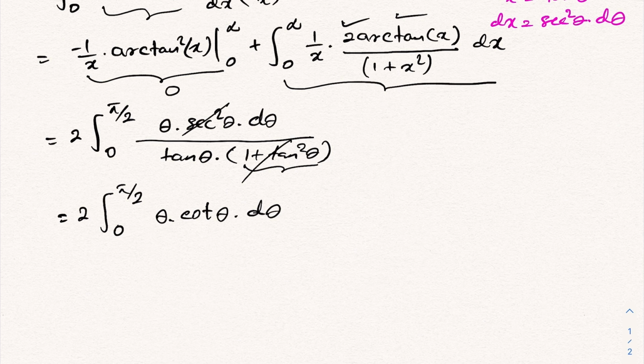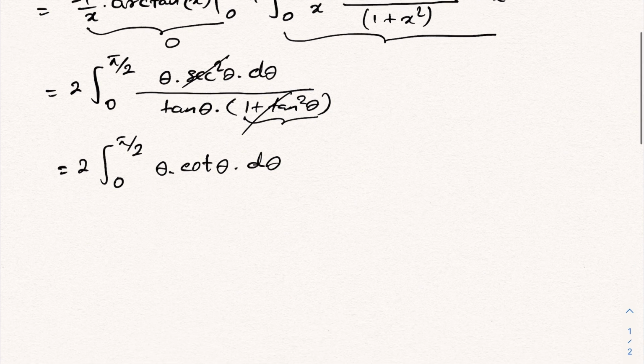Well, to evaluate the integral of theta times cotangent of theta, we can again use the integration by parts method, IBP. So 2 times integral from 0 to pi over 2. Now as a first function I am going to take theta, then d by d theta.